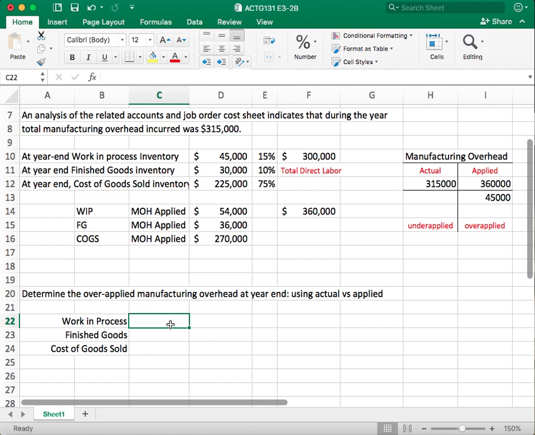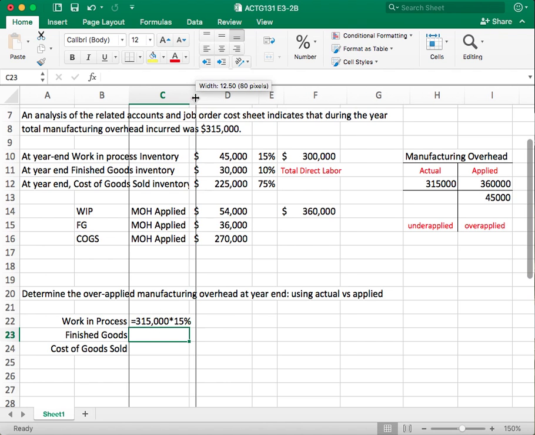So we need to determine, just for work in process, what is the actual amount versus the applied amount. Remember, we calculated what the applied amount was right here. So let's take care of that. We're going to look at the total, $315,000, and multiply that by 15%. I've put the formula here so that you could see it.